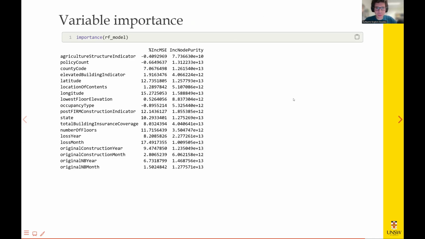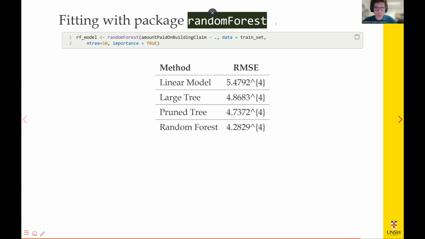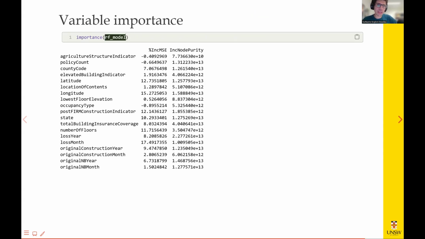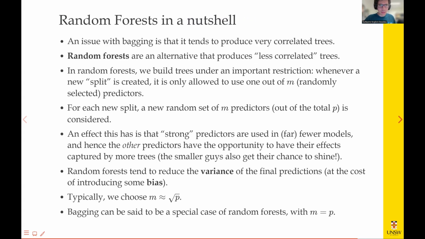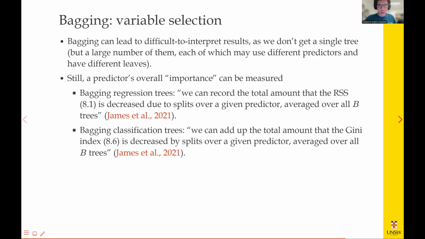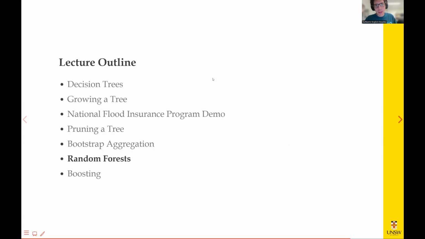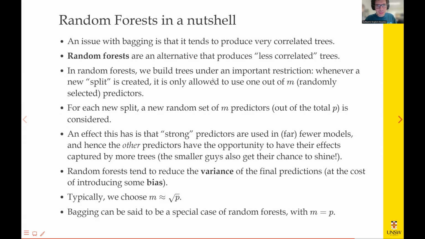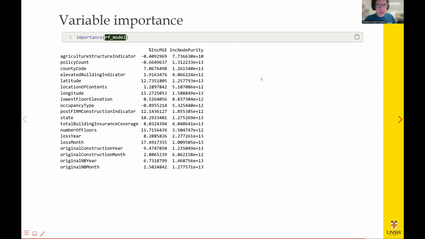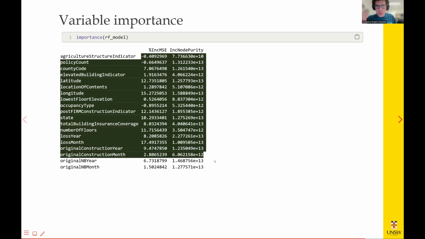By the way, we're using the randomForest package, which has this function importance, and this is computing what I explained: you lose some interpretation when you bag your trees, but you can at least compute the importance of each predictor. This is what was explained here, that you record the total reduction in RSS. Frankly, in the interest of time, I'm not going to explain this in too much detail. You have two options, two different ways to compute the so-called importance.